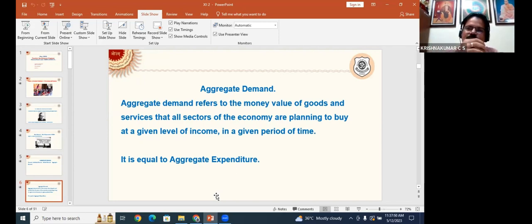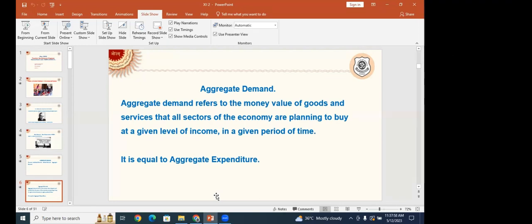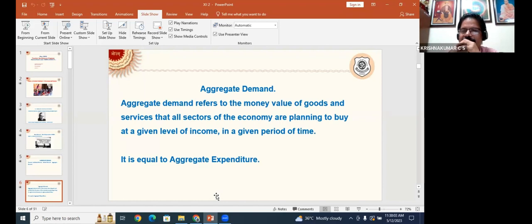You ask these questions to them, and ultimately you can ask any one of the children to come forward and draw the diagram on the board. Even the schedule can be prepared, which shows that as income increases, aggregate demand will also increase. Okay.